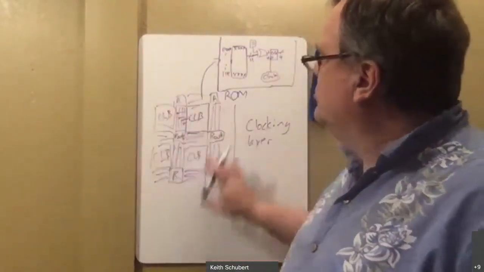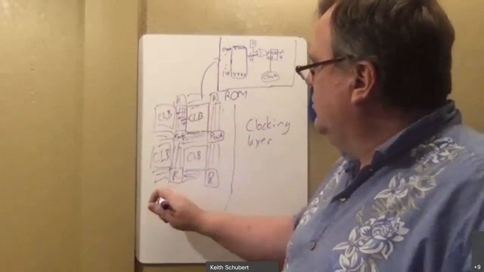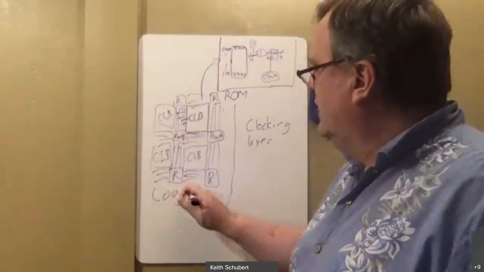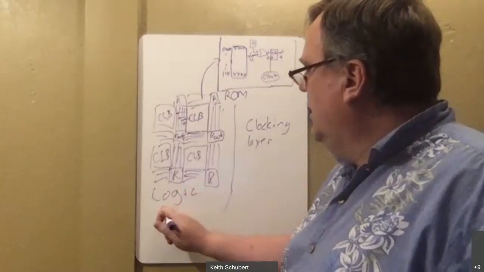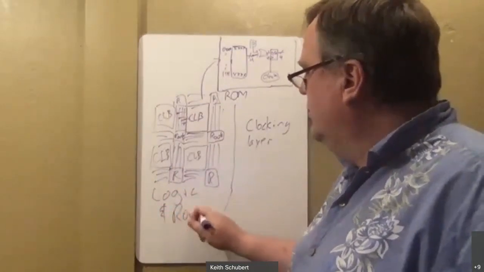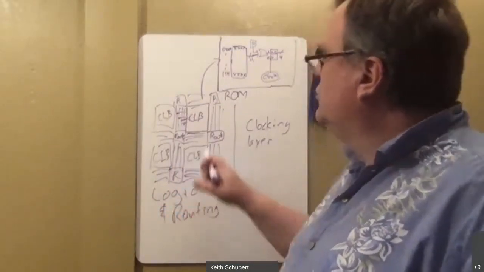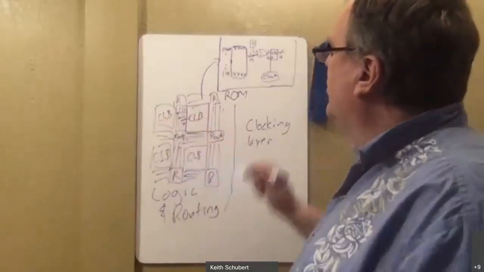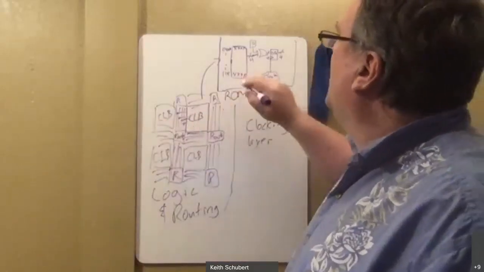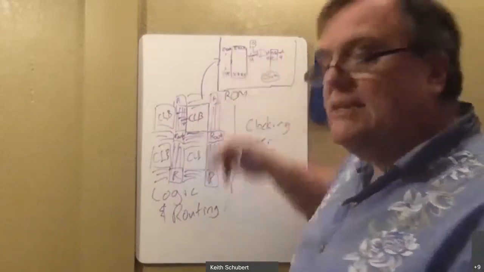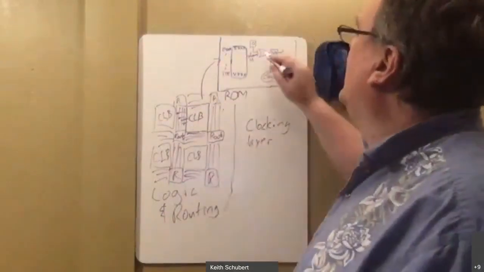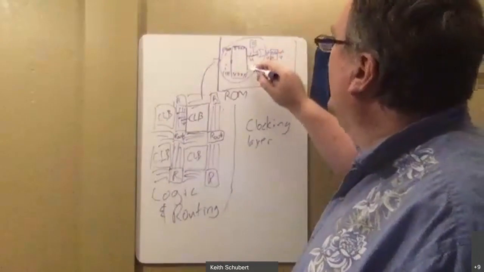The real thing to understand from this picture is that there is a layer that has logic and routing. So all of the logic and the routing are here. These combinational logic blocks have basically a simple way to do logic in them. So this is kind of the logic part.